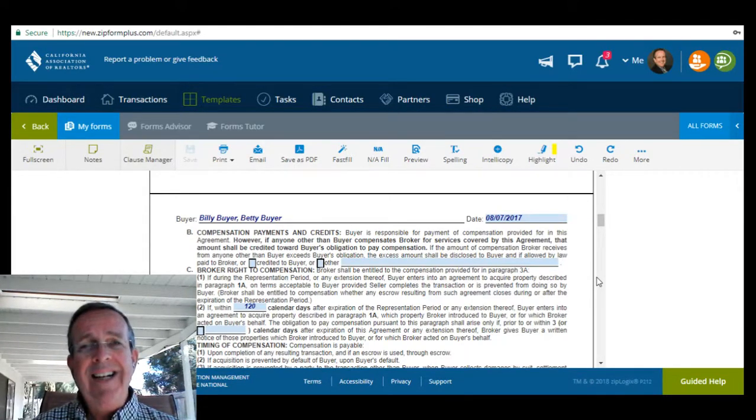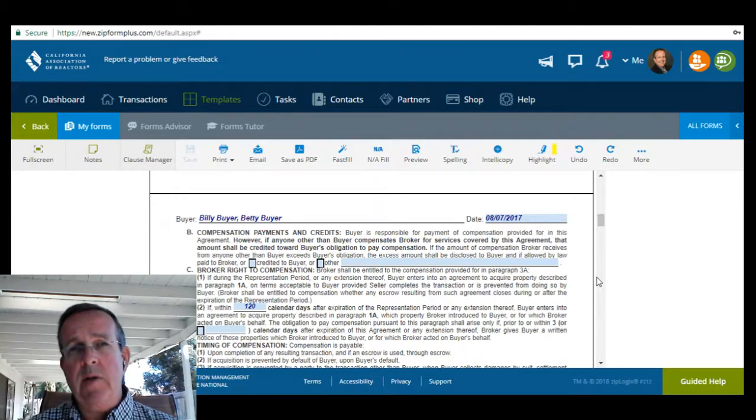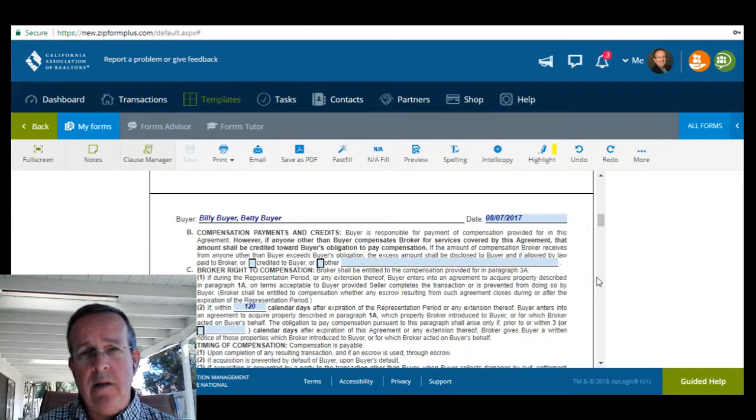So again, let's say you filled this out and said they owe 2.5%, but the MLS offers a co-broke of 3%. You simply let the buyer know, by the way, they're paying me 3%. That gets the buyer off paying any commission. The extra 0.5% gets paid to you.